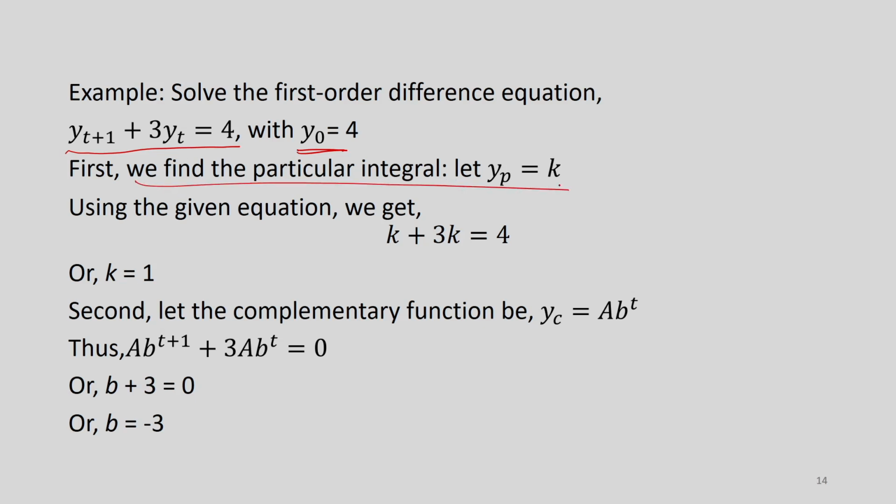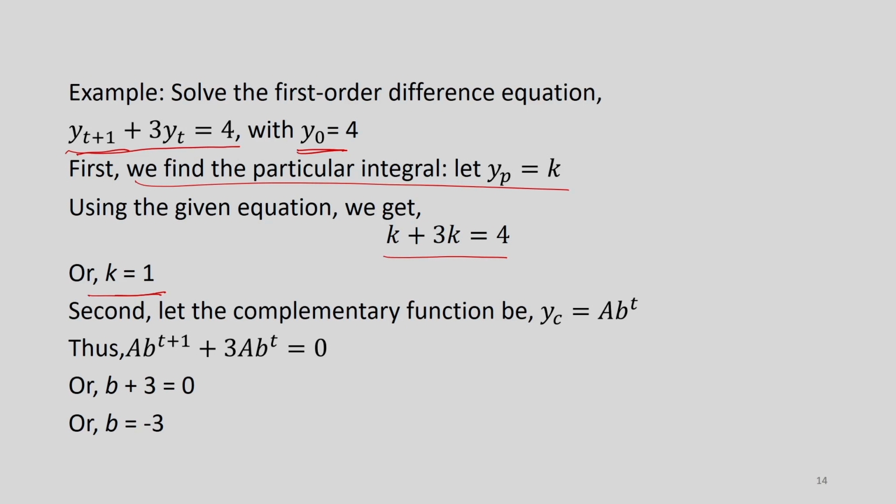So, yp, that is the particular integral, let us suppose it is constant k. So, we substitute that here, k is not dependent on time. So, yt plus 1 and yt, both of them are equal to k. So, therefore, I have k plus 3k is equal to 4 or k is equal to 1. So, this is the particular integral.